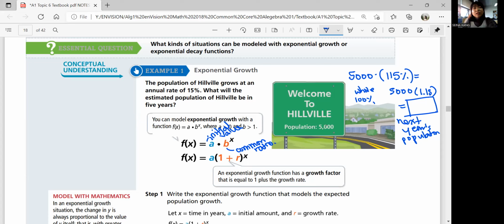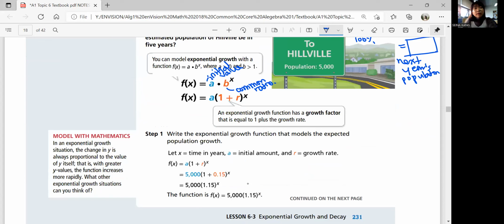But then your ratio increases 15% every year. So you're going to multiply by 115% every year. So you're going to add 0.15 and say our function is going to be 1 plus 0.15 times 5,000. And so the function is actually f of x is equal to 5,000, your initial value, and then 1.15, the common ratio.